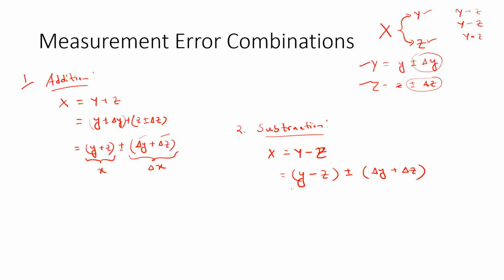So here again, small y minus z, we can refer to it as the true value of x, and the summation of the absolute errors in y and z is again representing our absolute error present in x. So for both addition and subtraction, the absolute error will be the summation of the errors present in the individual quantities.